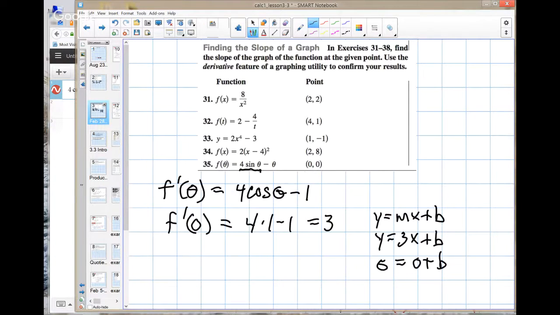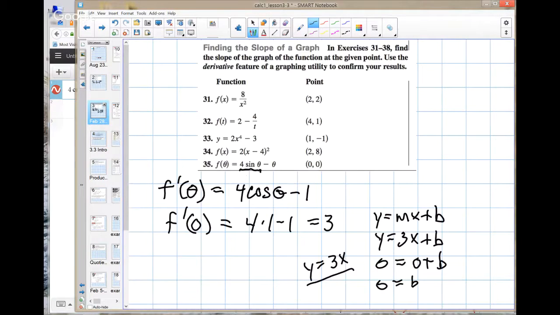That doesn't seem to match because that's a negative slope, isn't it? Okay, what did I do? So b equals 0. Sorry if this is so sloppy here. Let me neaten that up a little bit. So b equals 0. So I'm saying the equation is y equals 3x.